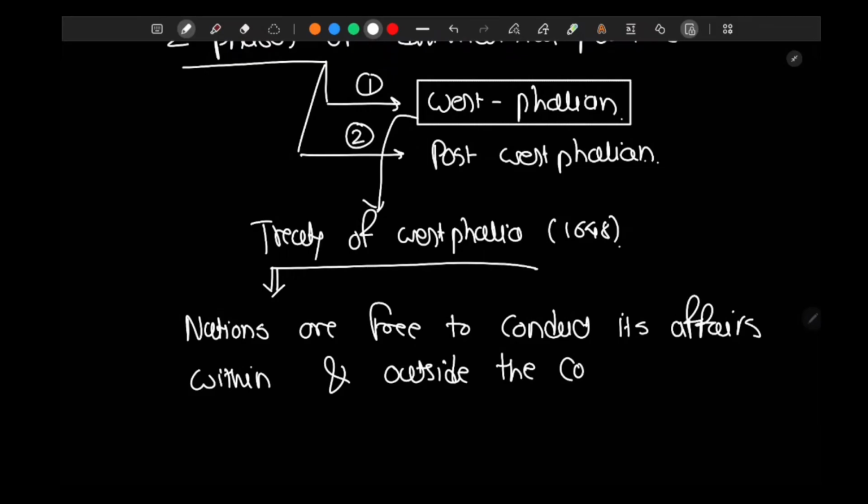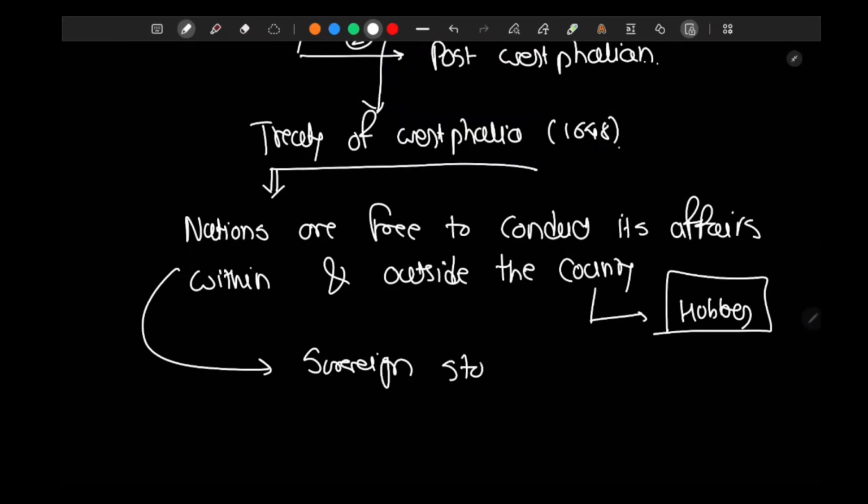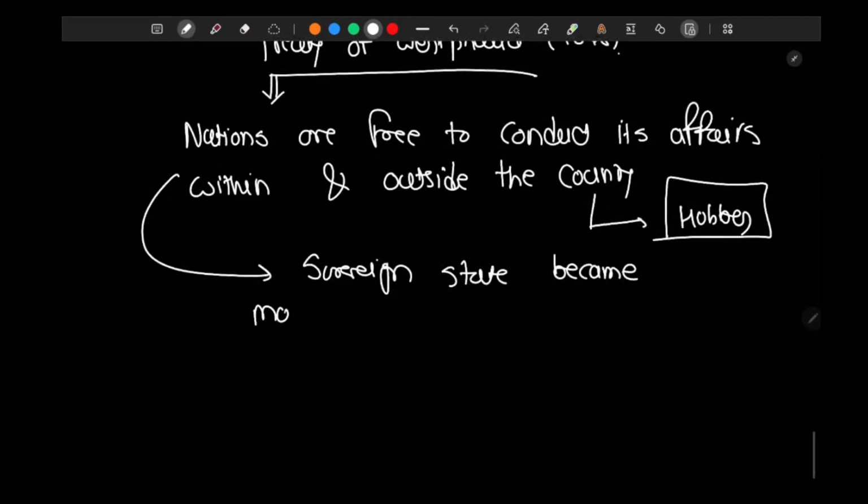And this is a very good interlinkage you can write with Hobbes. In Hobbes, just mention that the Hobbesian view was reflected in the Treaty of Westphalia, that nations are free to conduct their affairs within and outside the country, and the sovereign state became the main organizing principle of European politics.